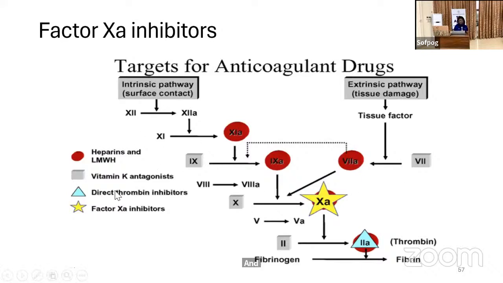I think I mentioned the vitamin K antagonists and things. The direct thrombin inhibitors reversibly and competitively inhibit thrombin, so preventing fibrinogen from converting.